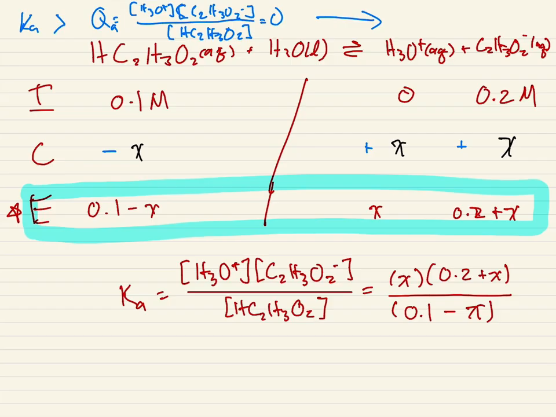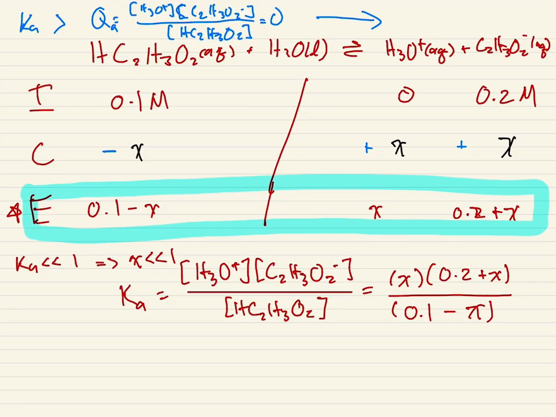So we could set up a second degree polynomial and use the quadratic formula to solve for this, but what else can we do with this problem? We can assume x is small because Ka is very small, right? So Ka is much smaller than 1, which implies x is much smaller than 1.